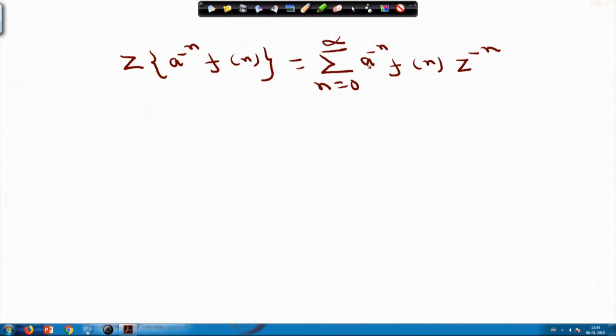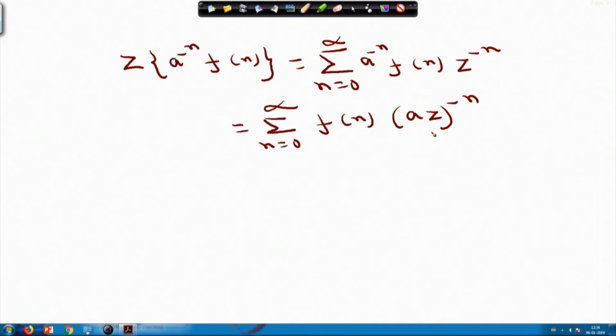The function is a to the power minus n into f n into z to the power minus n. So this is summation n equals 0 to infinity, and I can write f n into a z to the power minus n. This a and z I can club together, so it is a z to the power minus n, and therefore z is replaced by a z.